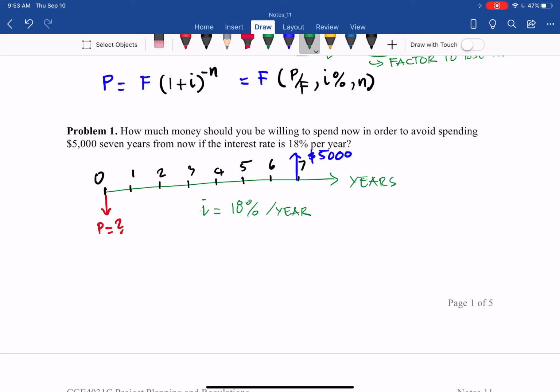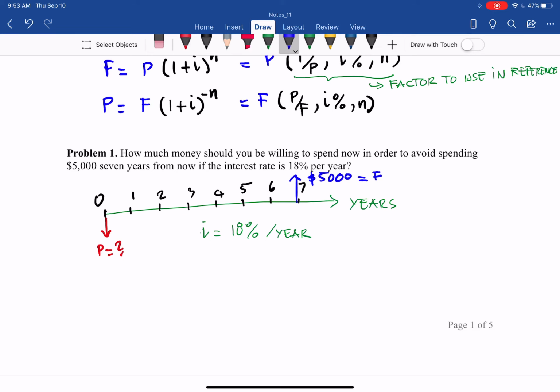So of course, as you can see, given F find P, we can use the equation from there. Let's do that, use the equation.